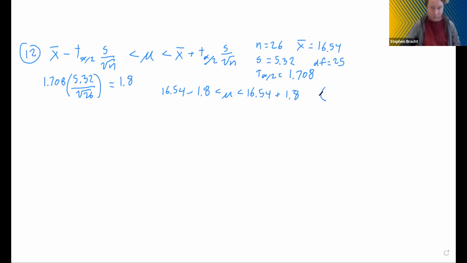So my interval is 14.8 comma 18.3. Okay. Or you could use the calculator, and the function you'd want here is t interval. Okay. That is that.